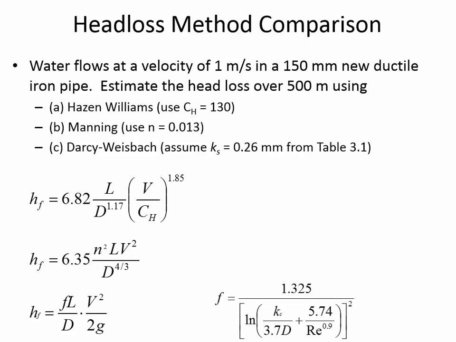Okay, we do that and end up with 4.08 meters. So the Hazen-Williams equation was too low, Manning's equation was too high, Darcy-Weisbach equation was just right.